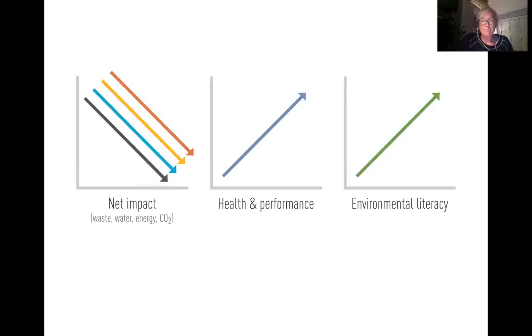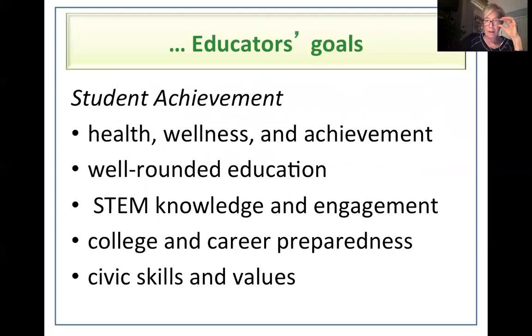So, a pretty simple diagram, but I did like this one because it shows that the net impact is the reduction in waste and water, energy efficiency, heat island, lots of good positive reductions. And then health and performance going up, as well as environmental literacy.